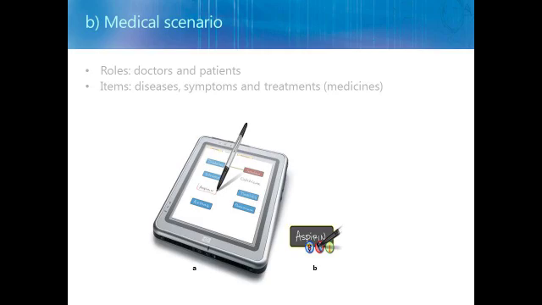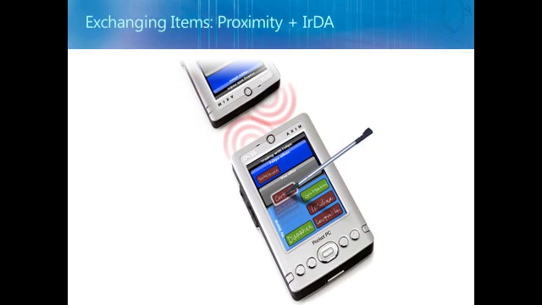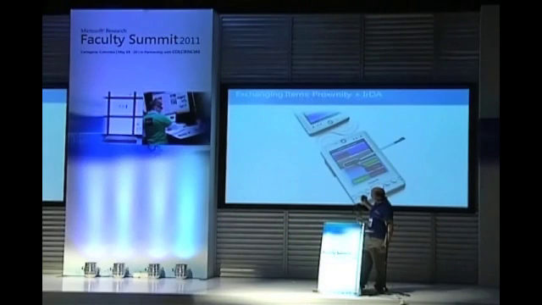The second one is about a medical scenario. Here you have patients and doctors. Patients have symptoms and doctors have medicines, and the patients have to search for the doctor with the right medicine, and of course the doctor should give the medicine, and this trading is made by proximity using the infrared device from the mobile computers.